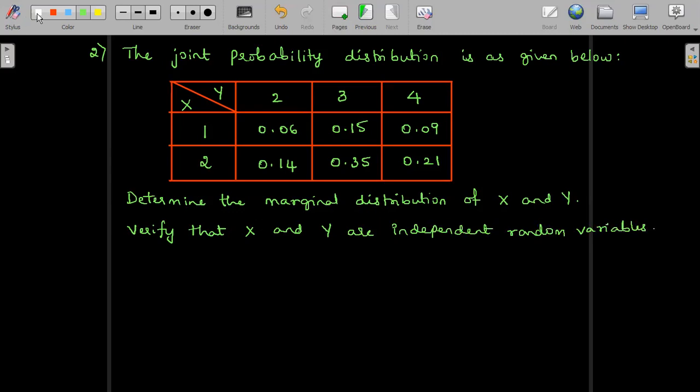We have to verify that the random variables x and y are independent random variables. So first let us frame the marginal distribution of x and y.